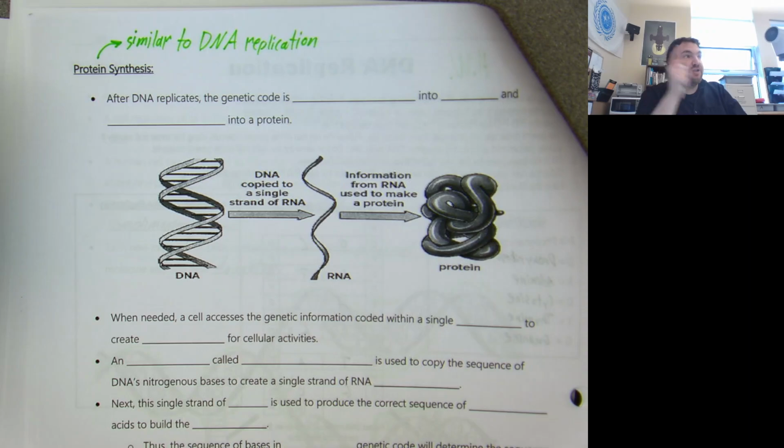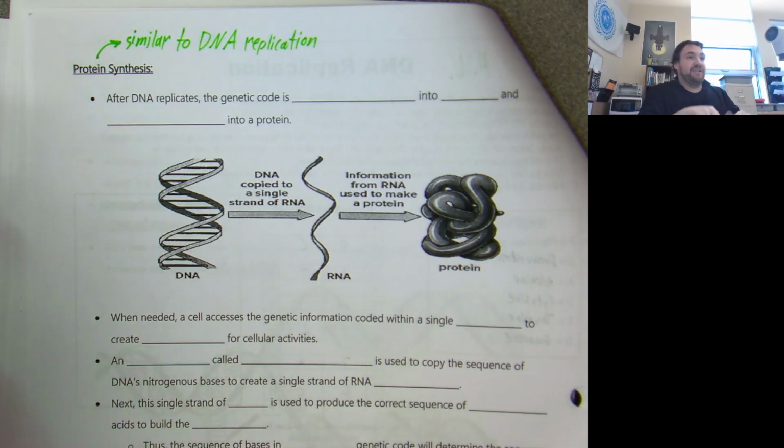Protein synthesis happens all the time. You need tons of different proteins to regulate a bunch of the different things that happen in you. Some of the parts of you we've already talked about are just pure protein. So protein synthesis is happening all the time. This is different than DNA replication. Similar mechanisms, but fundamentally a different process.